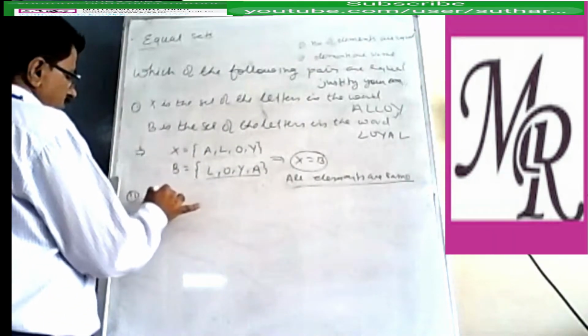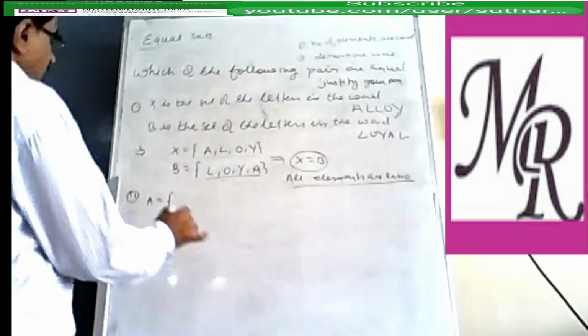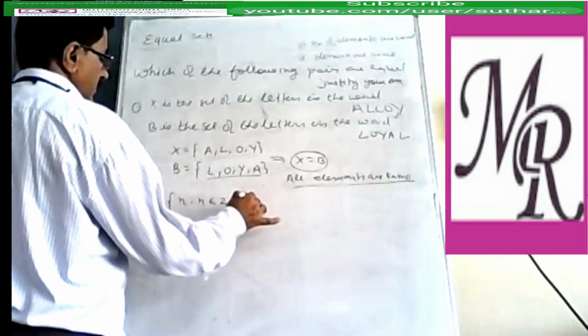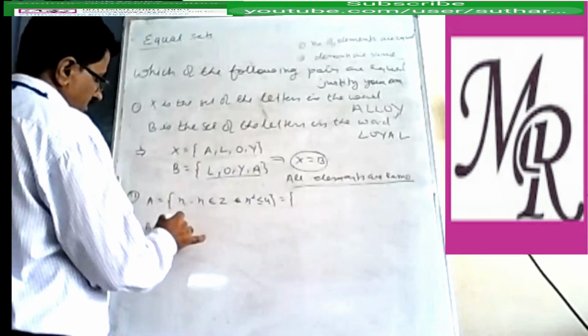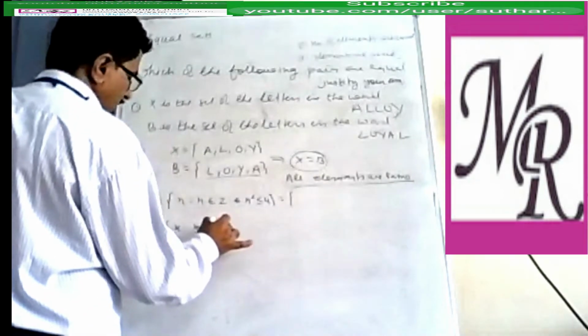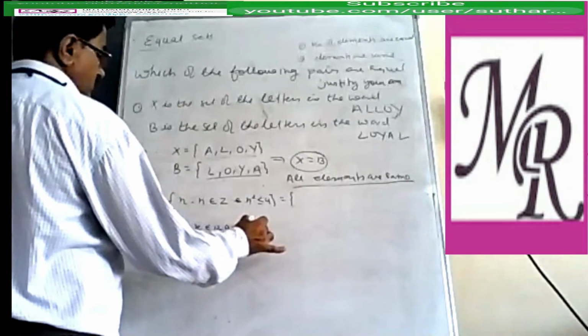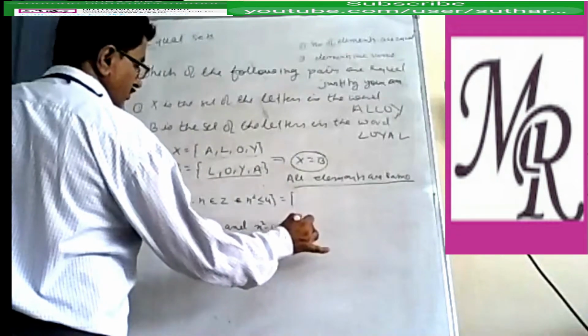Now the second part, write down: A equals the set of x such that x is an integer and x square is less than or equal to 2, and B equals the set of x such that x belongs to R and x square minus 3x equals 0.